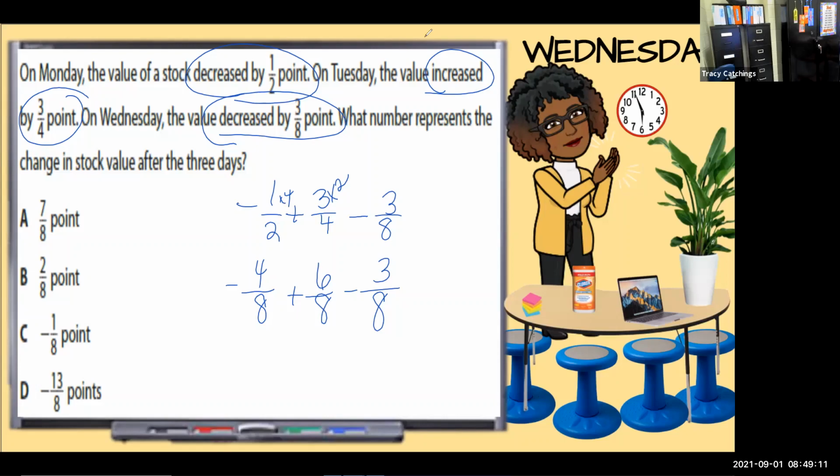So I need to combine the signs that are the same. That's what I'm going to tackle first, because I know same signs, what do we do? Add and keep the sign. Somebody said it. So what's 4 plus 3? So that would be a negative 7/8, and we still got that positive 6/8.